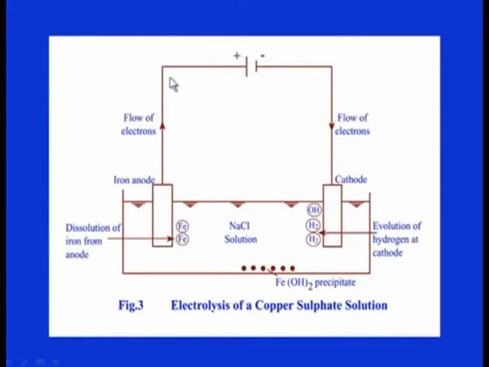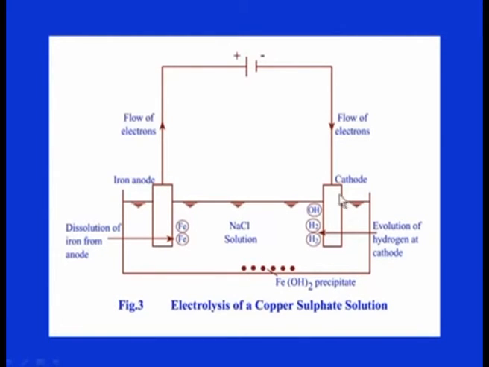In this external circuit, the flow of electrons is from this iron anode to this cathode like this. However, in the solution there is flow of ions, that is the iron from this anode goes into the solution in the form of ions and they react with this solution, form ferric hydroxide and get precipitated as shown in this particular figure, as you can see in the screen.